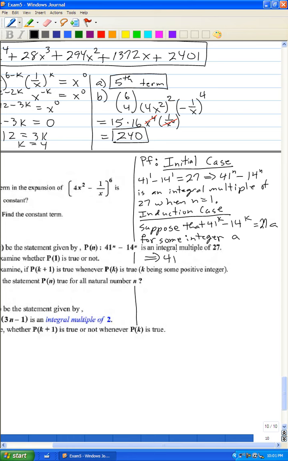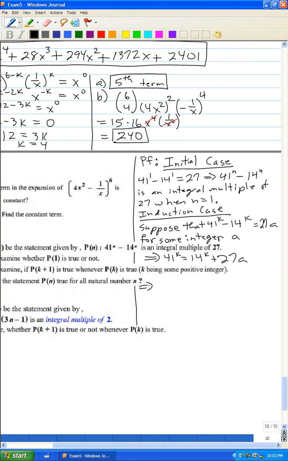So then 41 to the k plus 1 minus 14 to the k plus 1 is equal to 41k times 41 minus, well, actually let me rewrite this first. I know that that means that 41k is equal to 14k plus 27a.